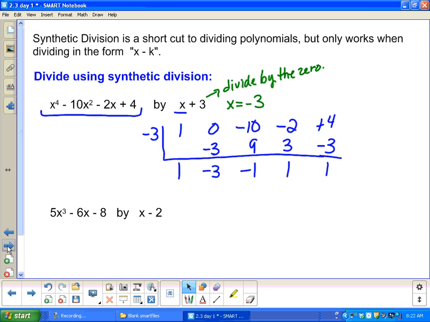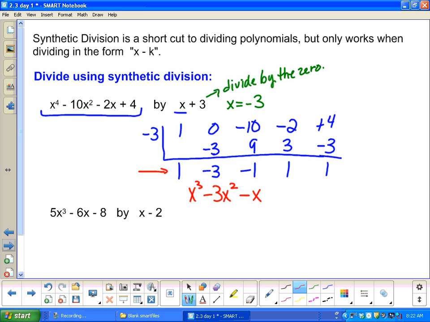So what's left in this row are the coefficients in my polynomial. This would be x to the third minus 3x squared minus x plus 1, and that would be my remainder, 1 over x plus 3.